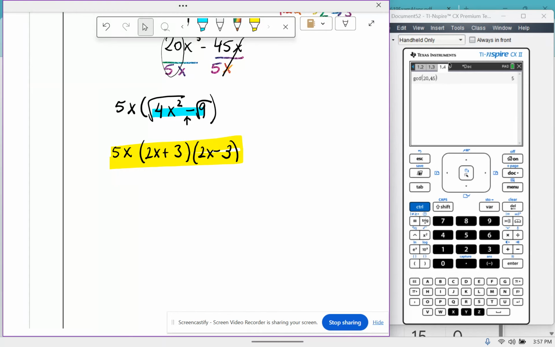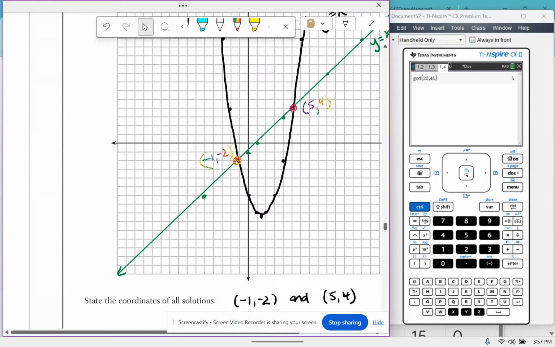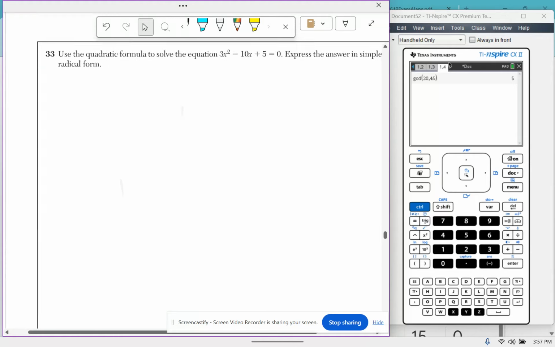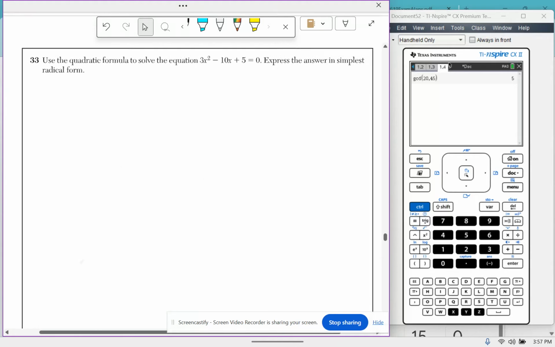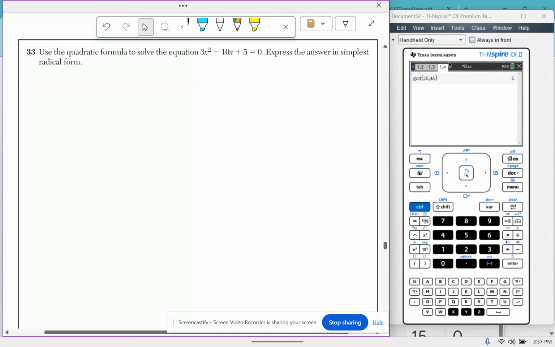Okay, what is the next question that we have to do? Let's see. 33. Okay. Use the quadratic formula to solve the equation 3x squared minus 10x plus 5. Express your answer in simplest radical form. Okay, so I have to use the quadratic formula, so that's my method.